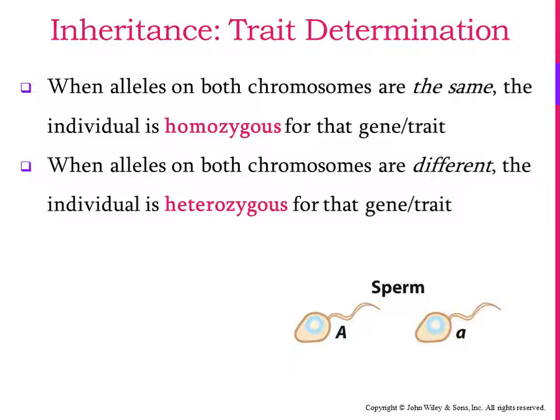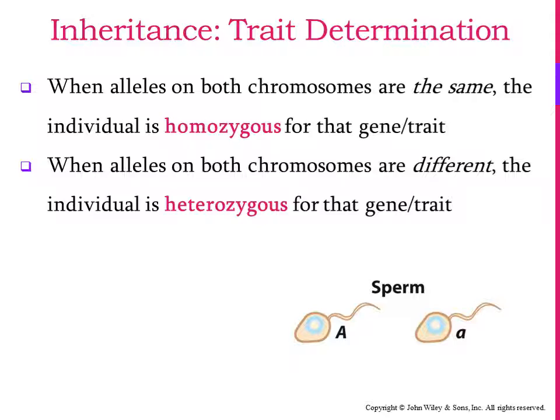If the eye color site on the paternal chromosome of the pair is brown, and it's also brown on the maternal chromosome, then we say that that individual is homozygous for that eye color. If the alleles encode for different forms of that trait, then the individual is genetically heterozygous for that trait.